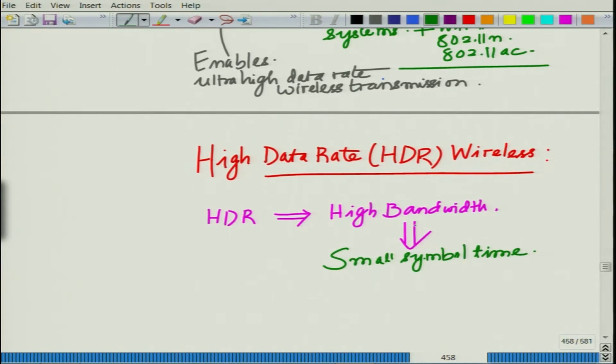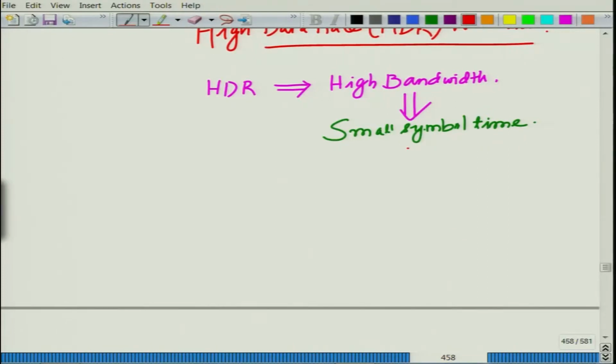So naturally, if the data rate is rising, the symbol time is decreasing, right. This small symbol time now causes significant problems.